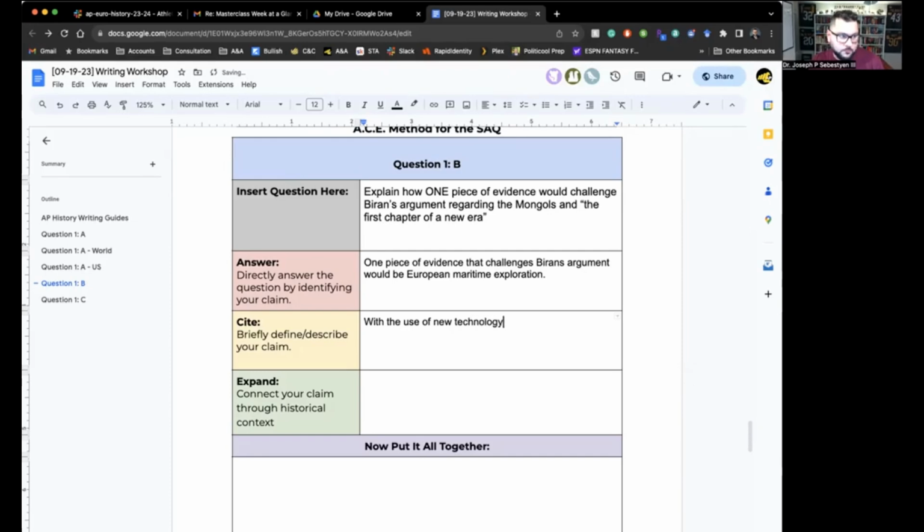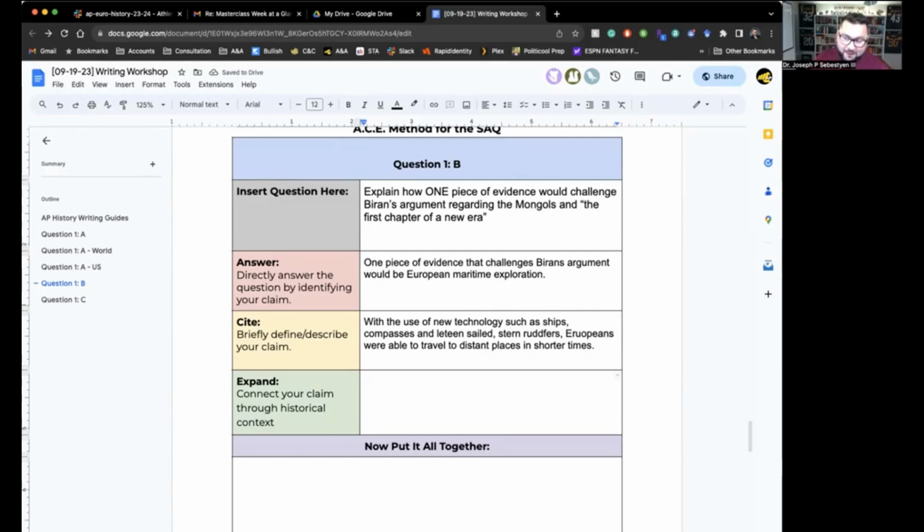Lateen sails and compasses. And I think stern rudders. What were they able to do? Europeans were able to travel to distant places in shorter times.